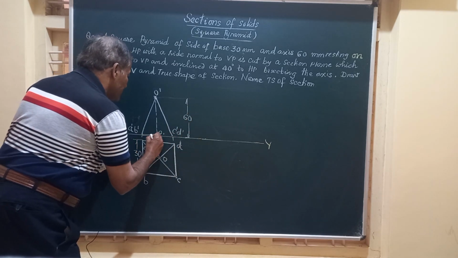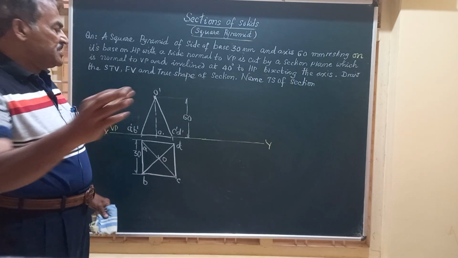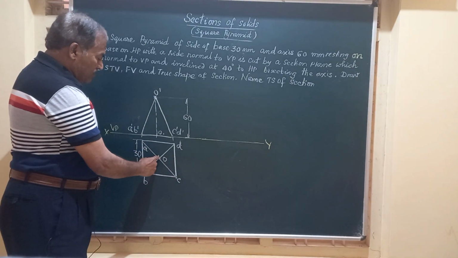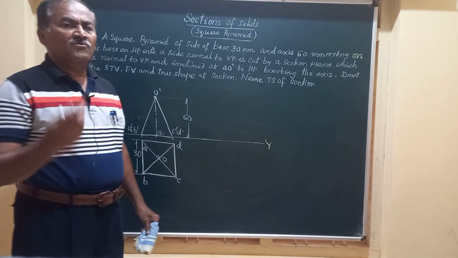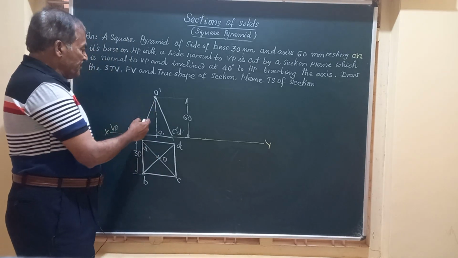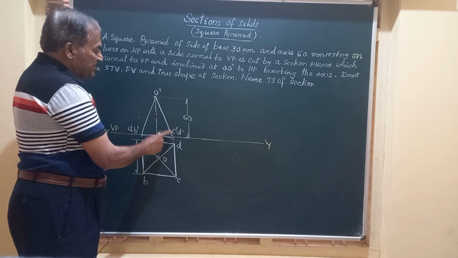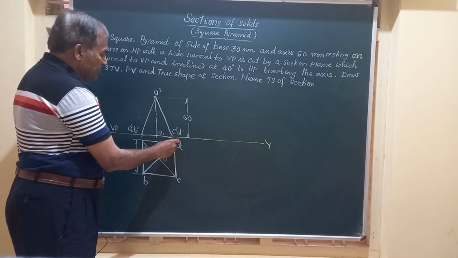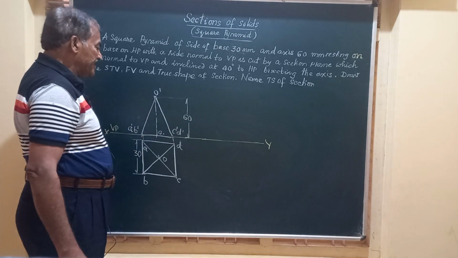Friends, you have got the front view and the top view of the solid. In the top view, OA, OB, OC and OD represent the top views of the 4 slant edges. Here in the front view, O dash A dash, O dash B dash, O dash C dash and O dash D dash represent the corresponding front views of the slant edges.